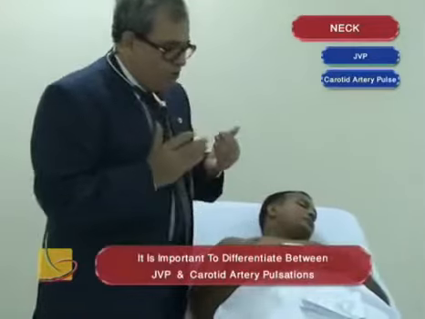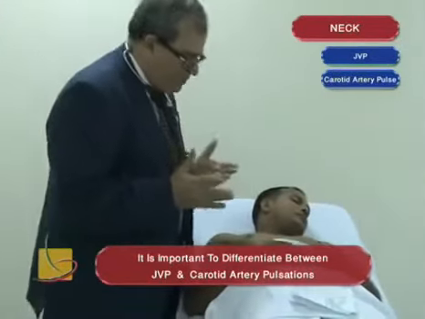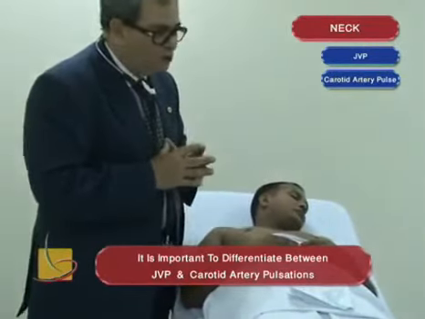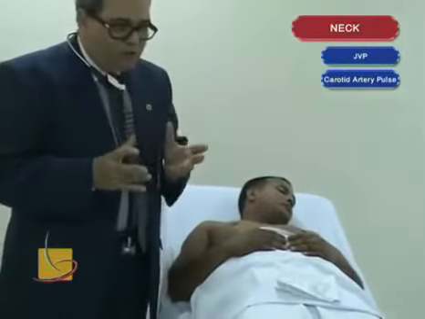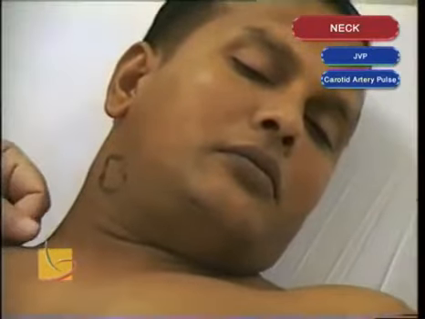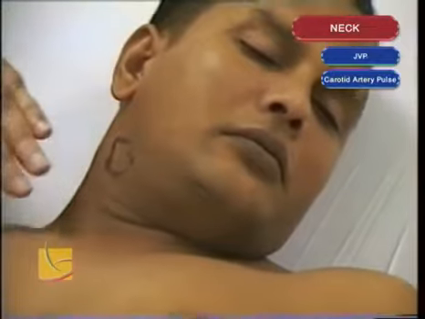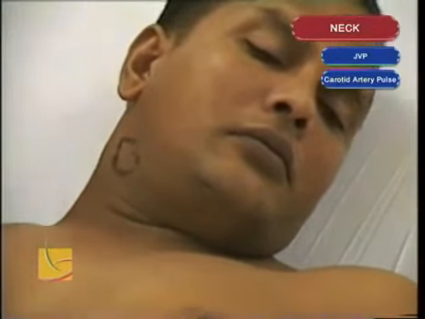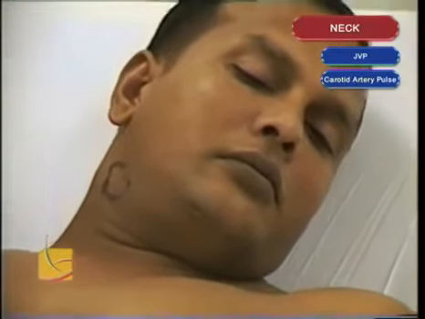We should not miss differentiating between arterial pulsation and pulsation coming from jugular venous waves. Jugular venous pressure waves are multiple waves, easy to see but not easy to feel, and usually they are lateral to the sternocleidomastoid muscle, whereas the carotid artery pulsation is medial and is one thrust.